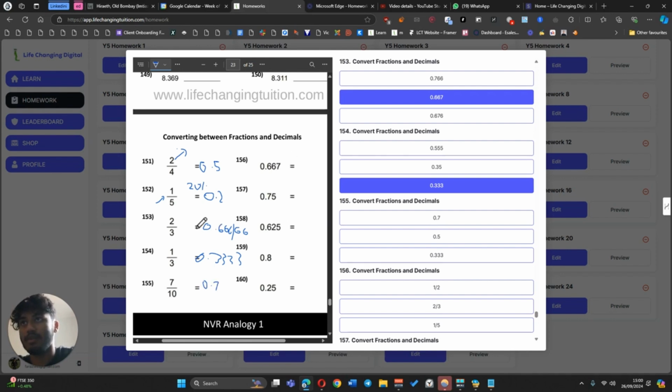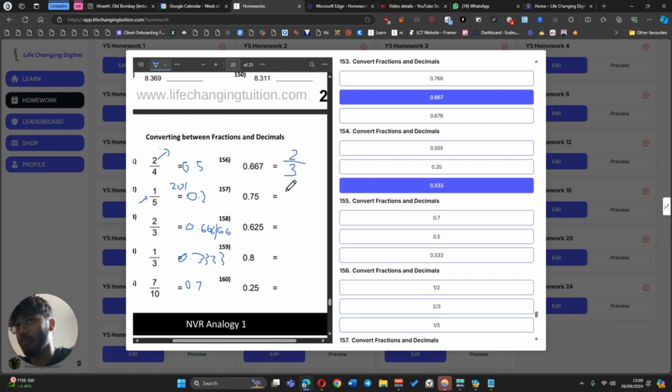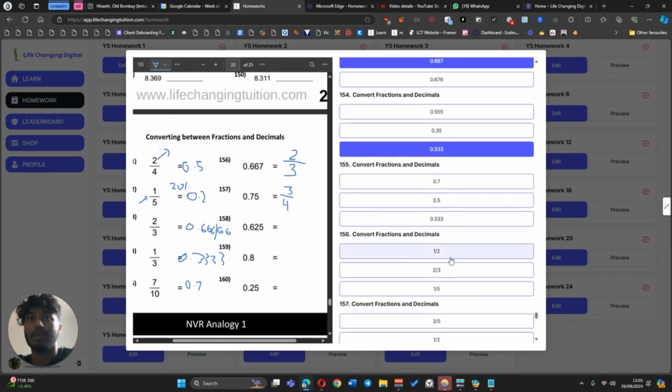This is actually the same as this, so you can see that's 2/3. 0.75 is 75%, or 3/4. No, 0.625, so this is a bit more difficult here. Let me select these answers quickly.